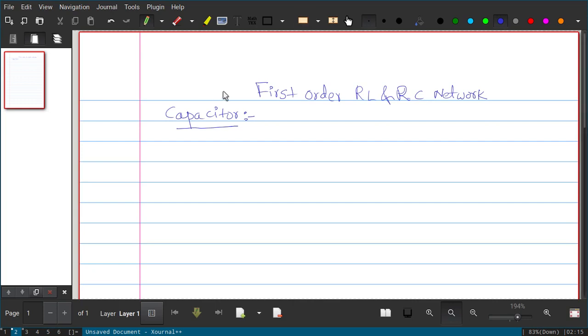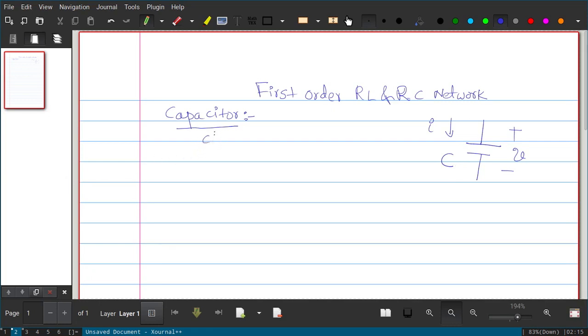So first one, capacitor. If you consider a capacitor with current I and voltage V across it, capacitance C, how can we explain its behavior?